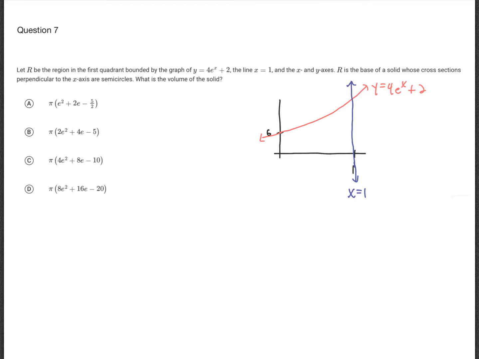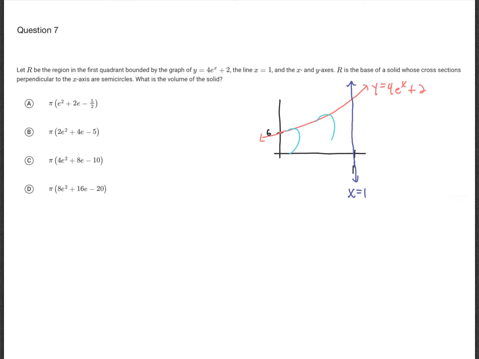And then they say this solid has cross sections perpendicular to the x-axis that are semicircles. So if you look here, this will be a semicircle.